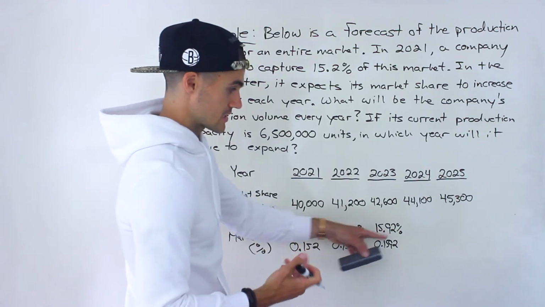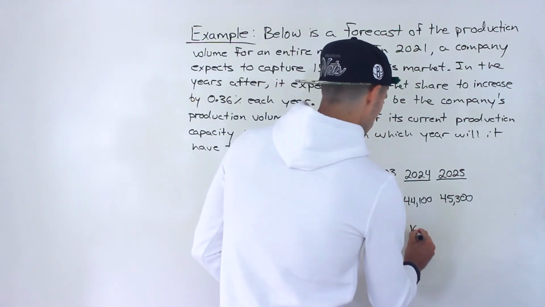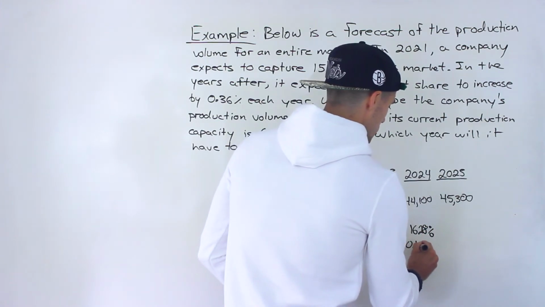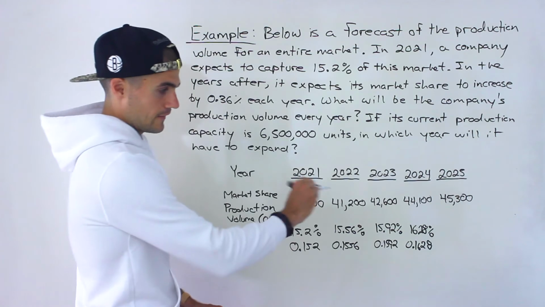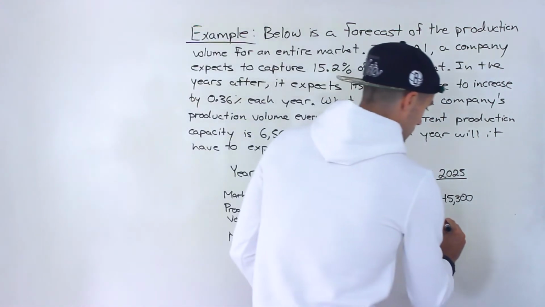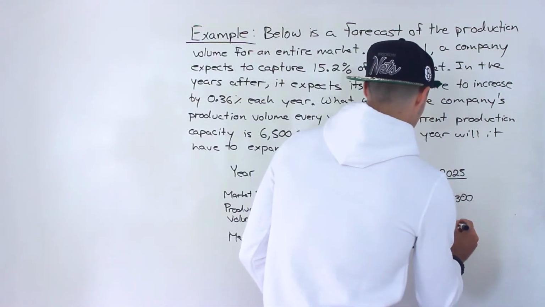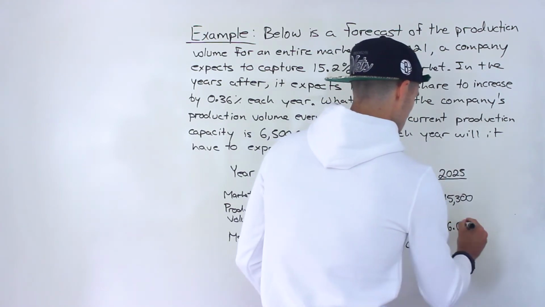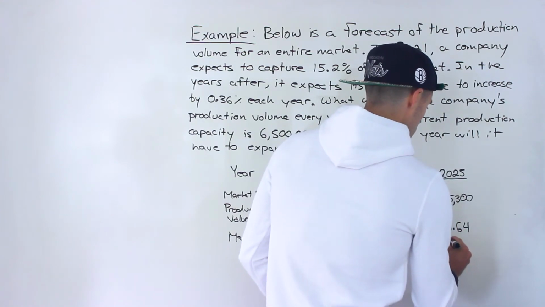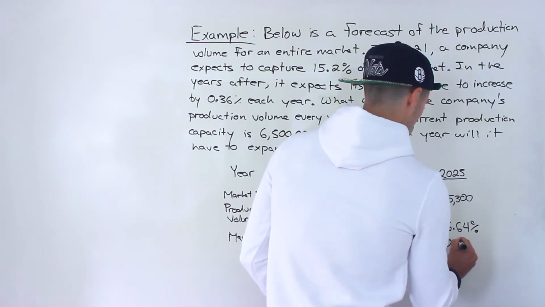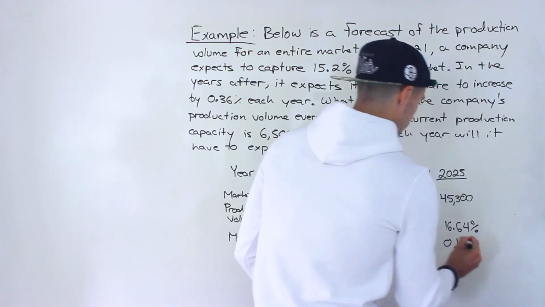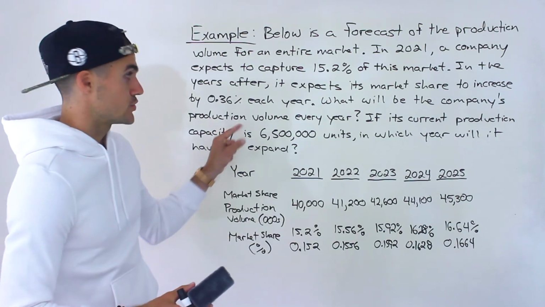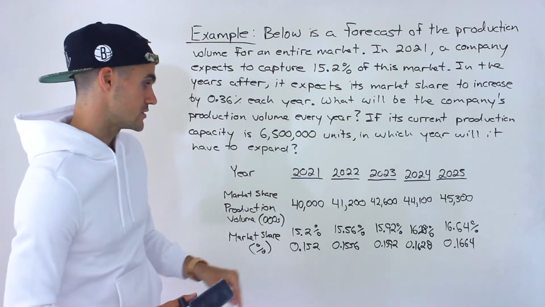And then we add 0.36 to this, we would have 16.28%, so 0.1628. And then when we add 0.36 to the 16.28, we would have 16.64%. So this would be 0.1664, like that.